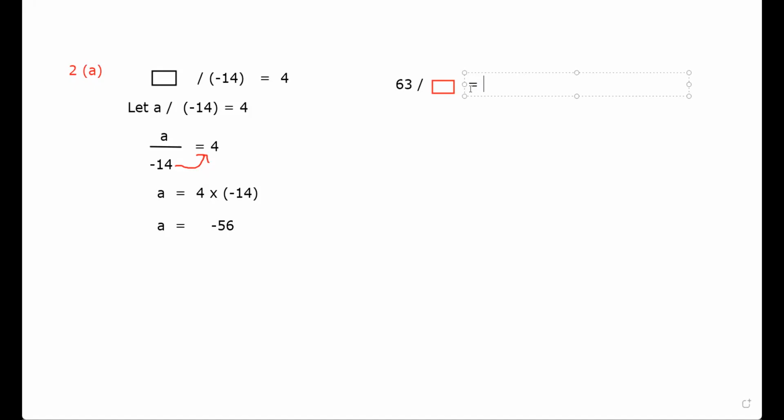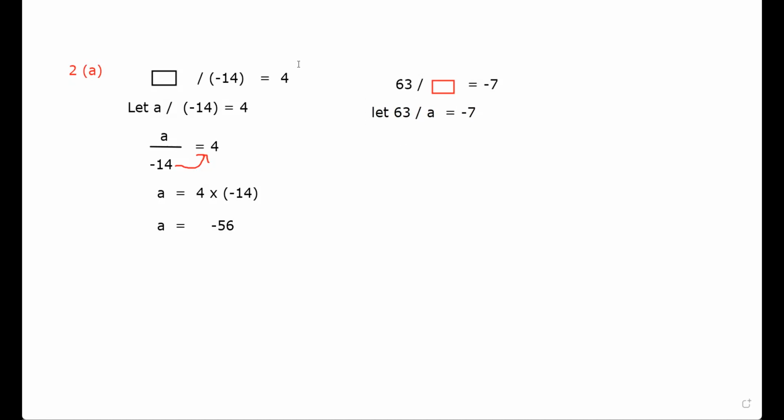It will give -7. So I need to fill this box. How do I have to solve it? First of all, I let the box value be A. Let 63 divided by A is equals to -7. I considered A as a variable. I don't know the value of A, I need to find the value of A.